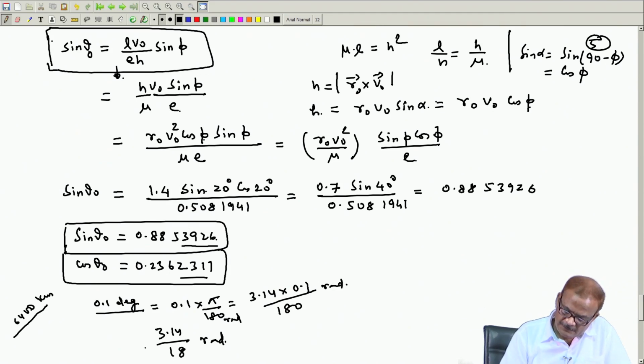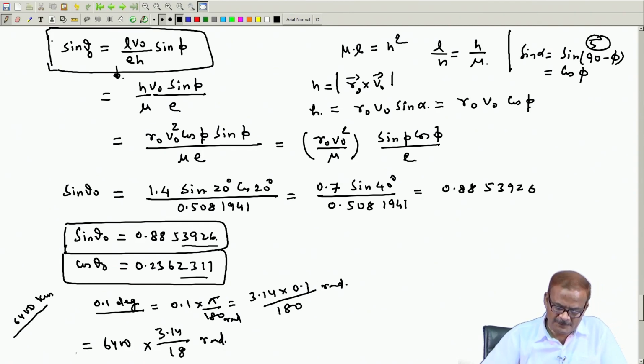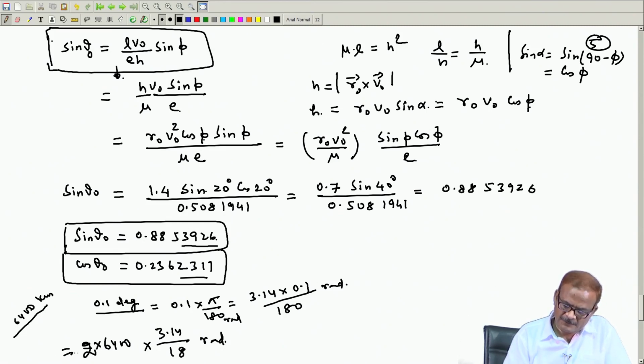If you multiply it by 6400 kilometers, this is just the radius of Earth. Let us take double of that, where the satellite is initially located. So, this is the error done. See what the corresponding value will be.